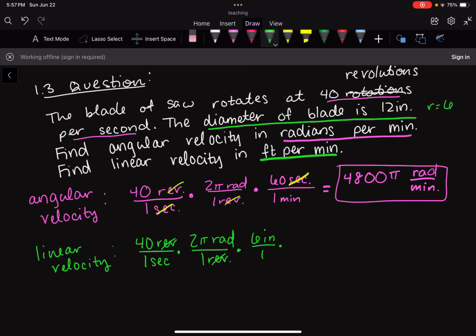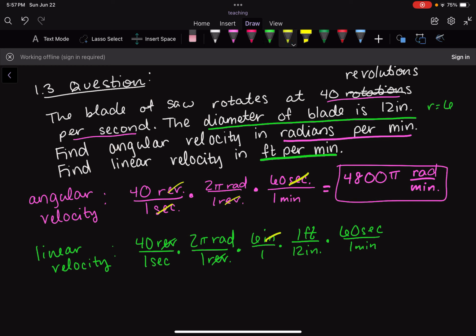Now I'm supposed to go from inches to feet. So I know that 1 foot is 12 inches. And then if I keep going, I need to get seconds to minutes, so 60 seconds over 1 minute.